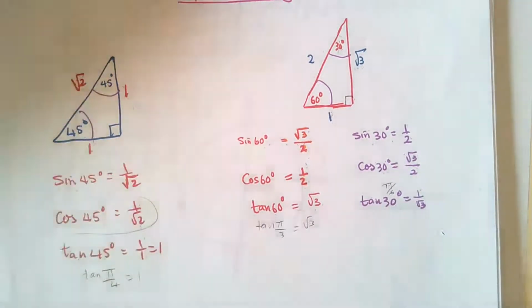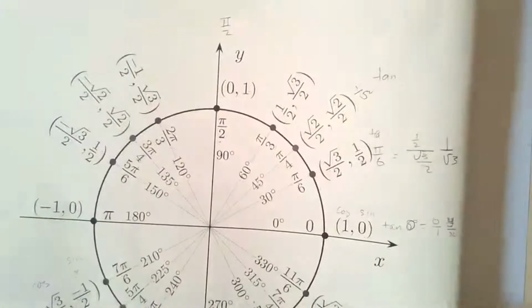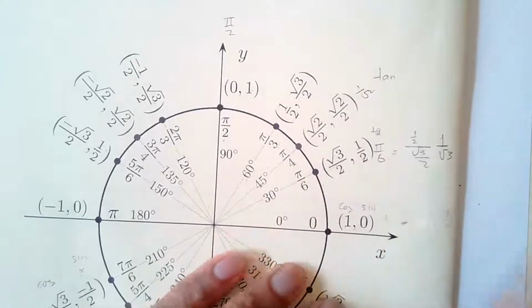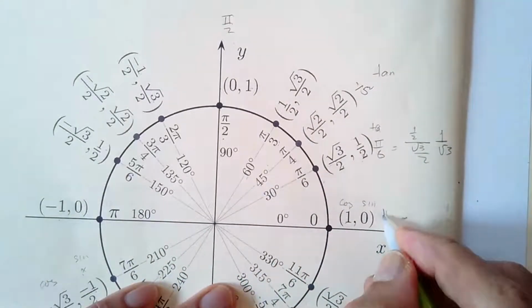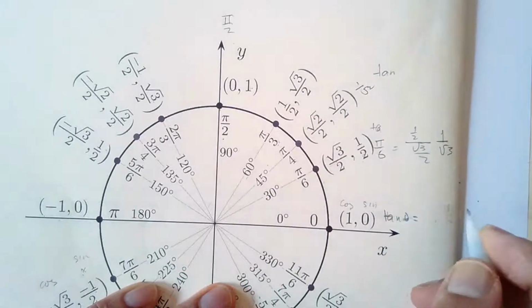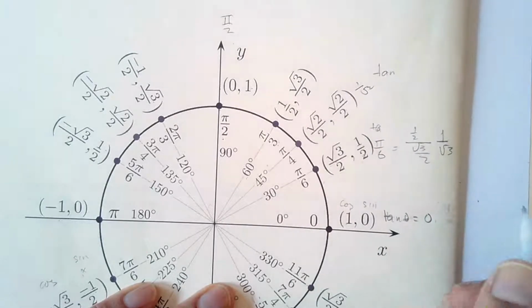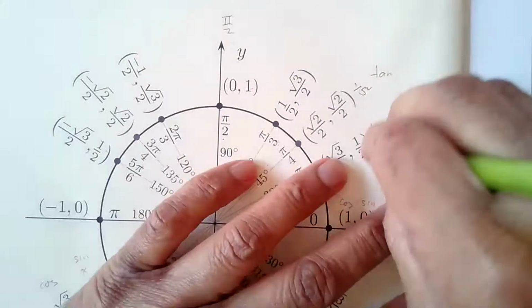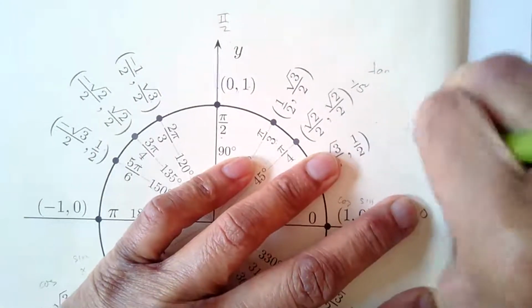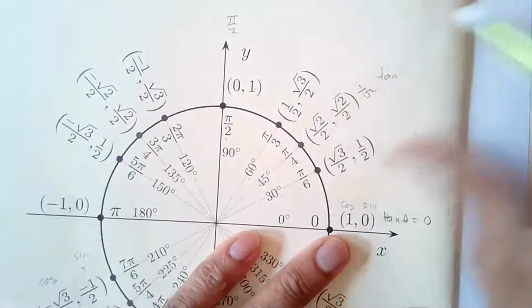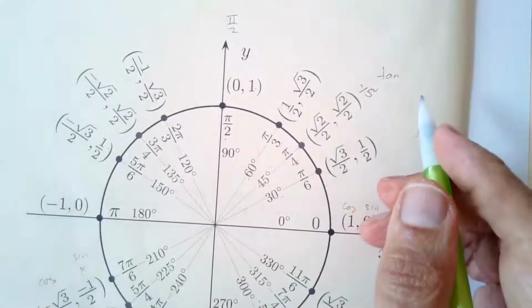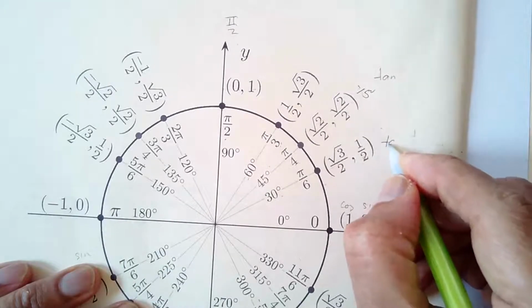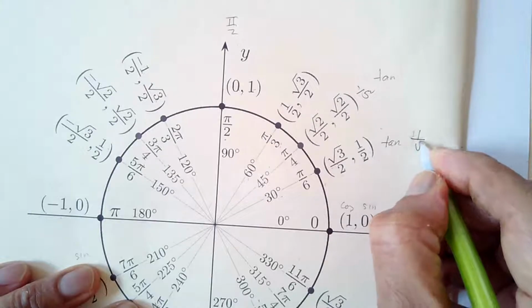So we can transfer those to our unit circle here. So tan 0 is equal to 0. So tan 30 degrees, or pi over 6, is 1 over root 3.